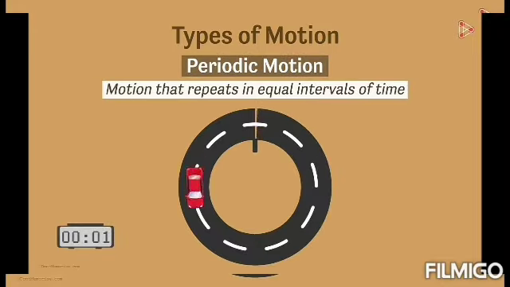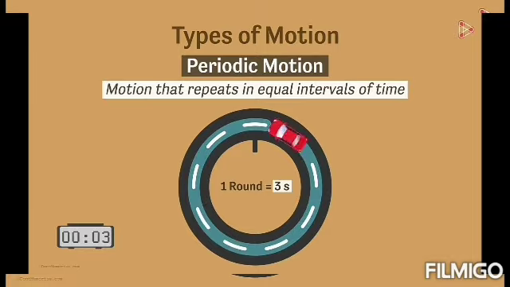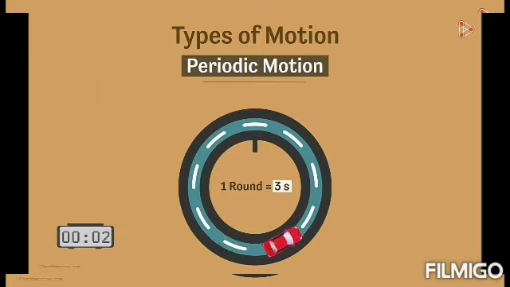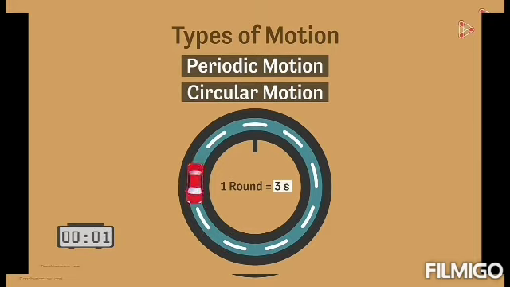Assume an object is moving in a circle and covers one round in 3 seconds. This is periodic motion, since it repeats the same motion every 3 seconds. Wait a moment. The object is moving along the circumference of a circle, so it is also undergoing circular motion.